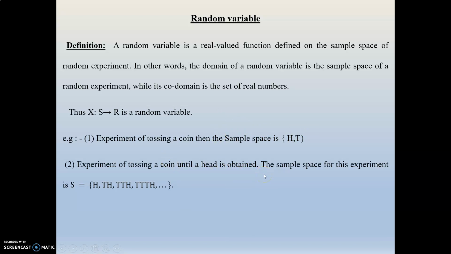The sample space for this experiment is H, TH, TTH, TTTH, etc. The etc. means it goes on infinitely. That kind of sample space you will get, and the corresponding values will be real numbers in the codomain.